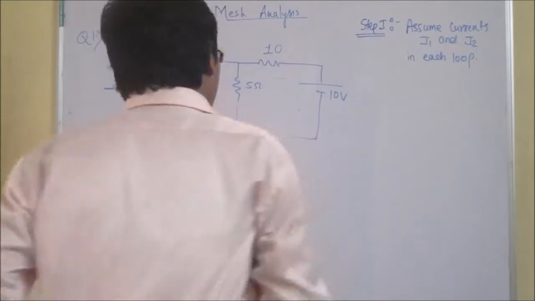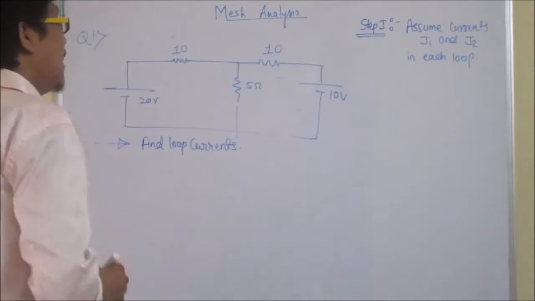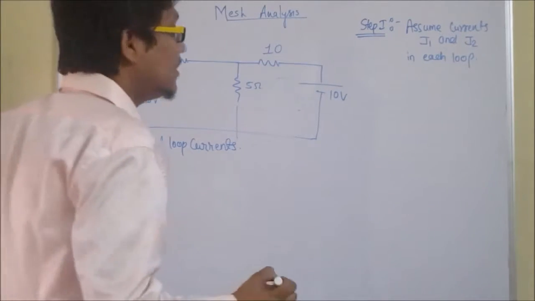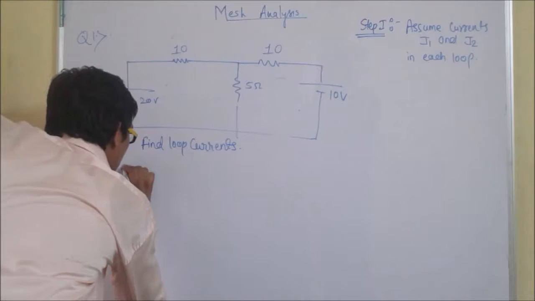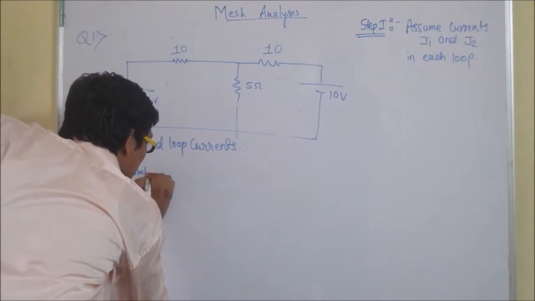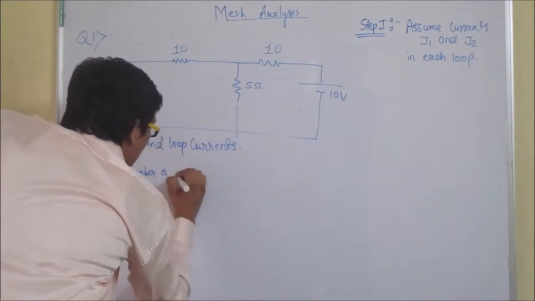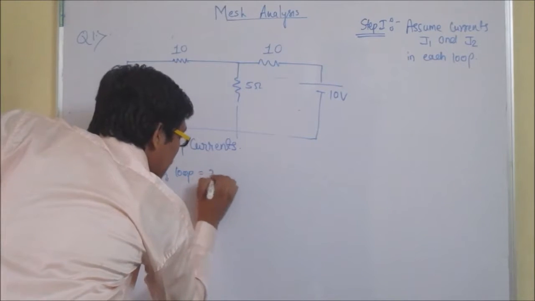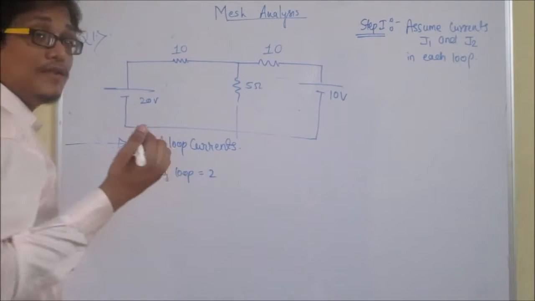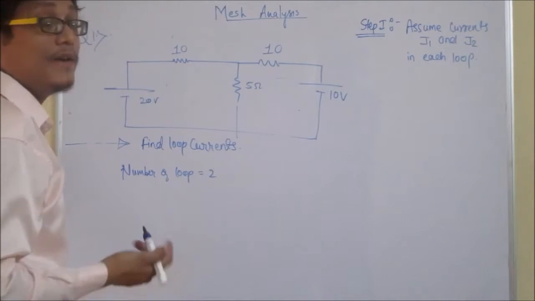Over here, I will assume how many loops there are. Here, the number of loops is equal to 2. Hence, I will assume two currents I1 and I2.